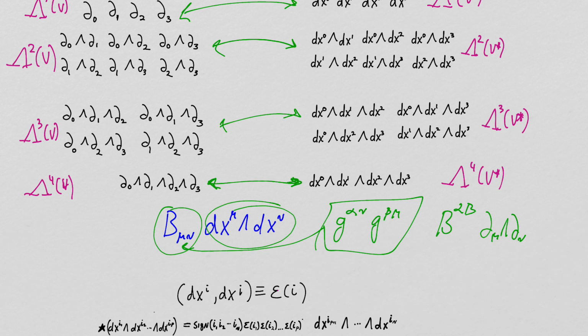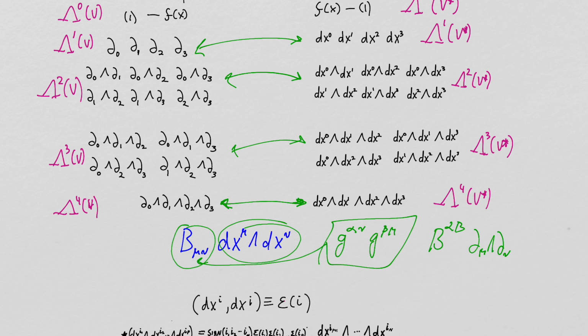So that is how you move between vector spaces from the left and the right.